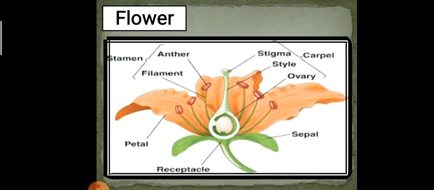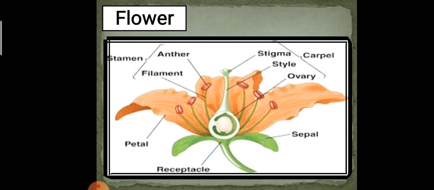Here, like we say calyx, corolla, androecium, gynoecium, but in a typical diagrammatic representation you do not observe these parts, because we are observing the individual members of that flower. The green colored structure is known as calyx, and an individual member of calyx is known as sepal, and the colored structure is known as corolla, and the individual member of corolla is known as petal.